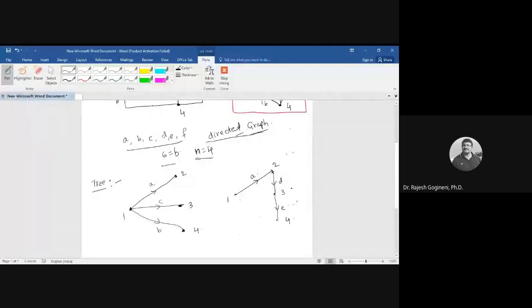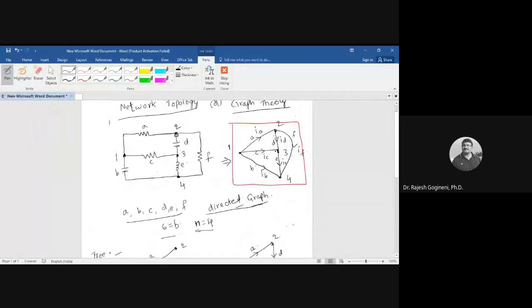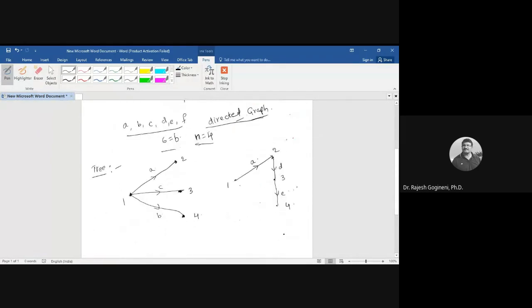CDE. CDE, right. CDE is one more. This is C. One tree.